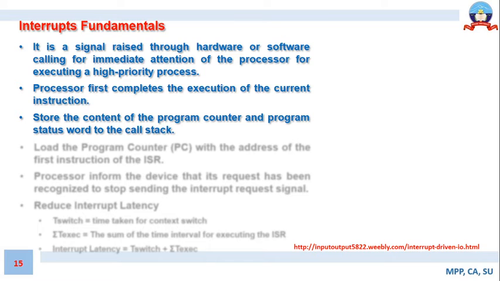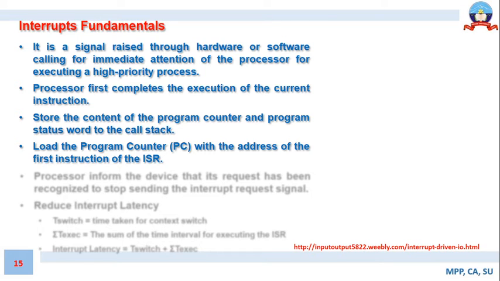Now once the program counter's content and the program status word is stored into the call stack, what we need to do is load the program counter with the address of the first instruction of the interrupt service routine. So whenever an interrupt takes place or whenever a processor is interrupted, it implies that there is a high priority process that is to be executed by the processor.